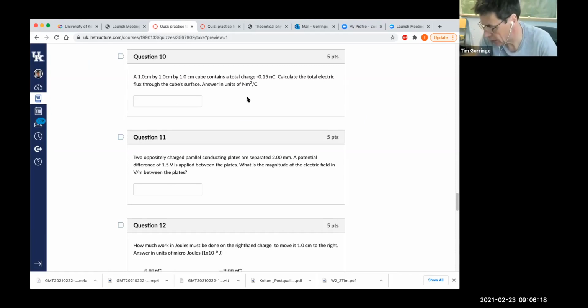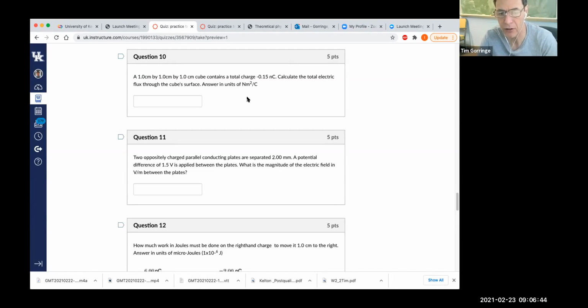Okay, question number 10. We're told we got a cube. It's 1 by 1 by 1 centimeter cubed in volume, and it contains a total charge that is minus 0.15 nanocoulombs. And we're asked to figure out the net flux, or the total flux, through that cube. Well, this is a question about Gauss's law.